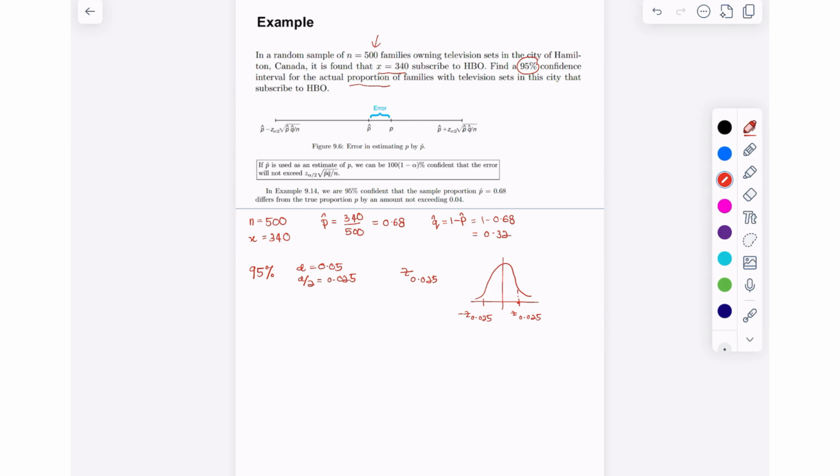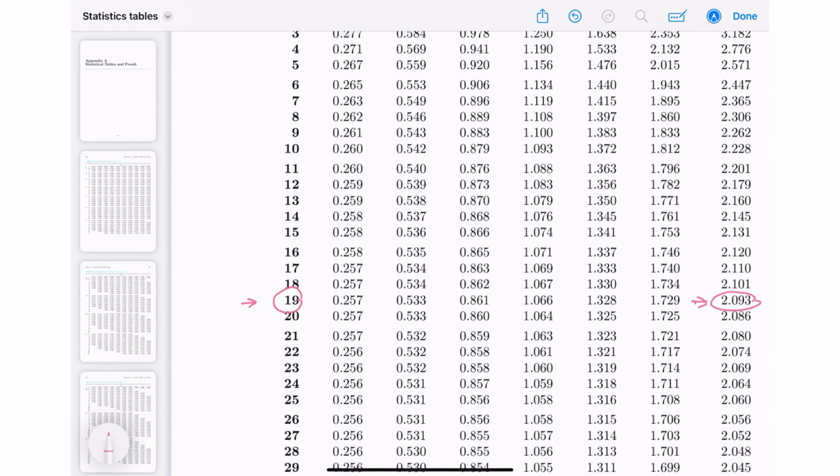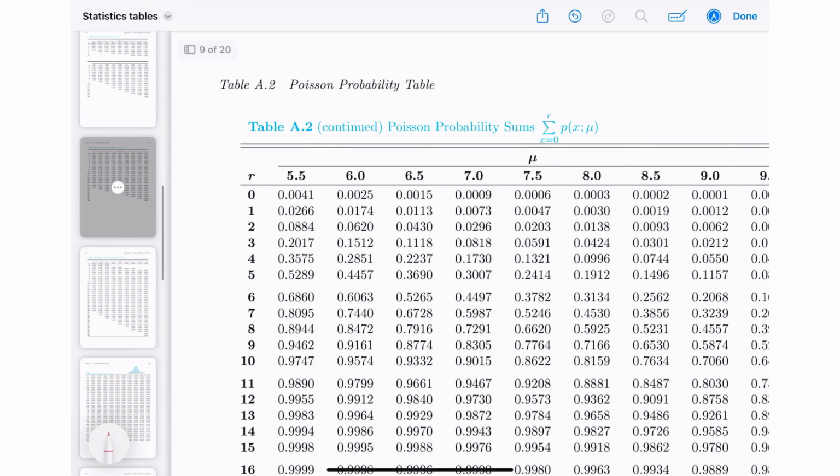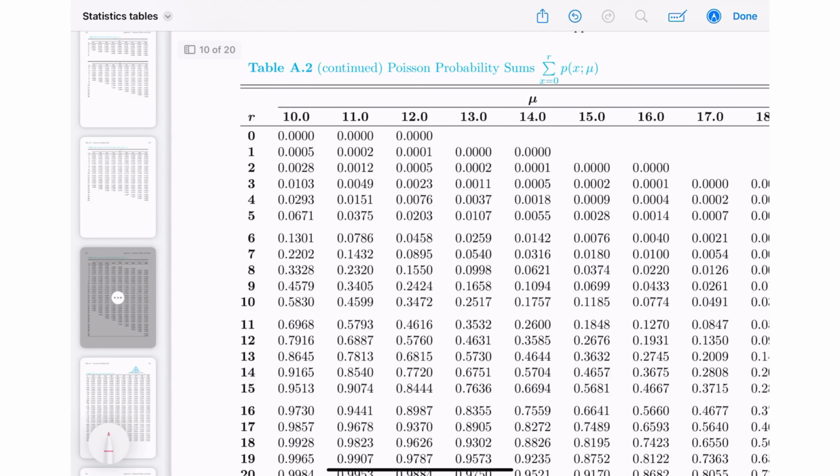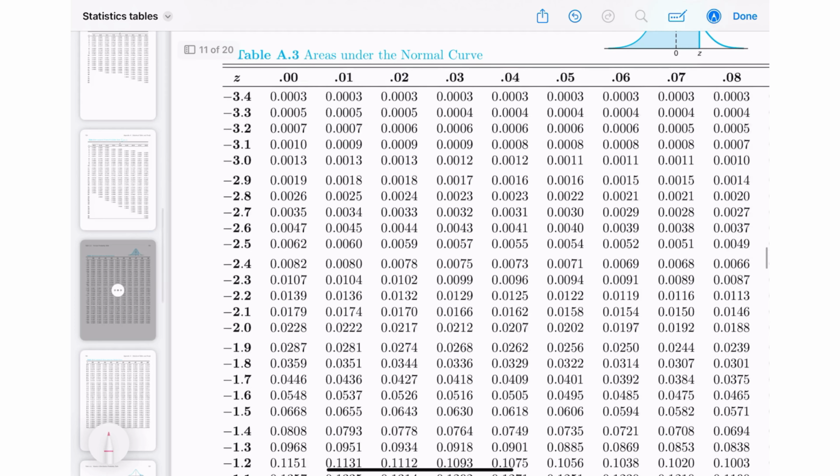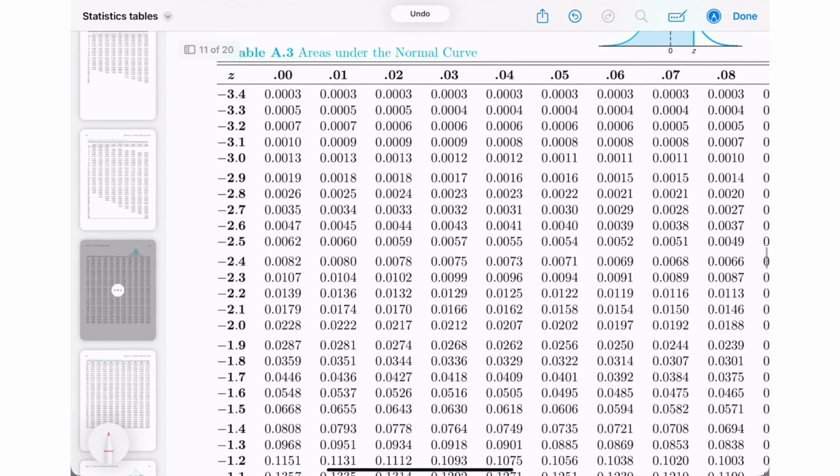So if we find the area in this part, that is 0.025, we obtain this point, negative Z 0.025. So you check the normal curve distribution table for 0.025. The area is inside the table, so the point is on the outer parts.